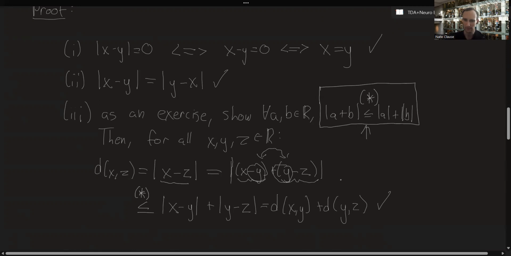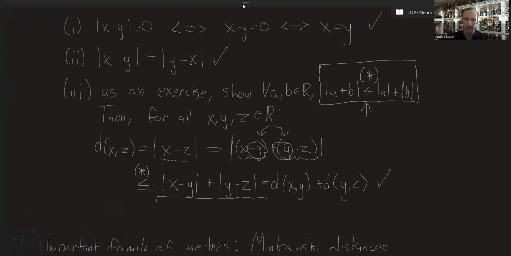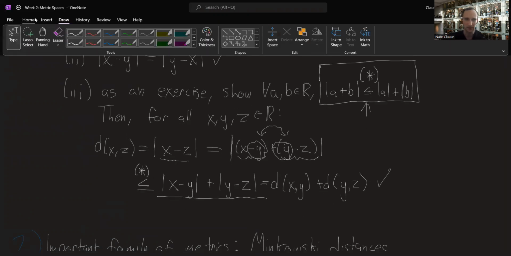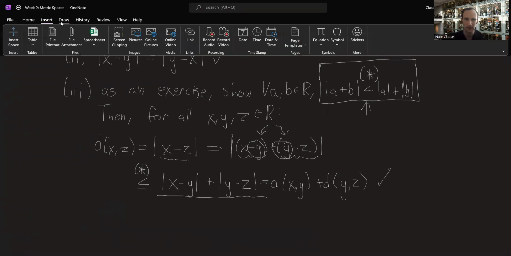Then from this basic fact with real numbers, we break up our one absolute value into 2 absolute values. And from there, by definition, this is the distance between x and y plus the distance between y and z. So this is a very, very standard metric that, again, you learn very early on in life, if not phrased in this way.